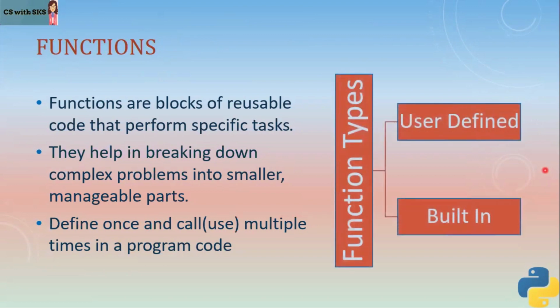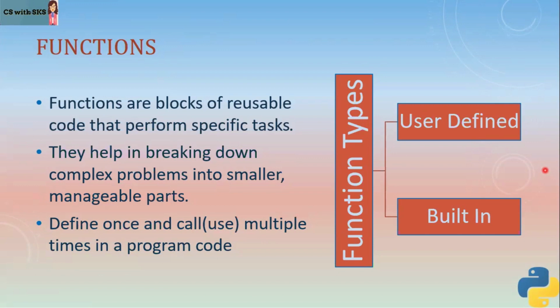Now, functions are basically of two types: user-defined and built-in. User-defined, which are created by the programmer to deal with some specific problems. However, built-in functions, they are provided along with the programming software. So these built-in functions are saved in the library of your programming language.